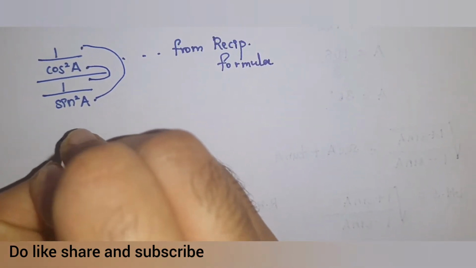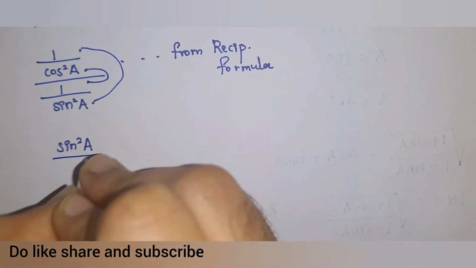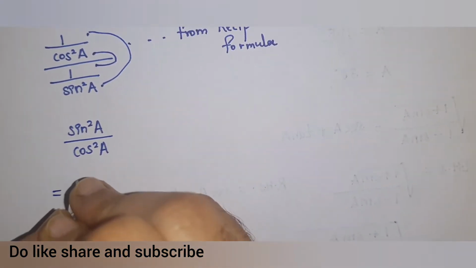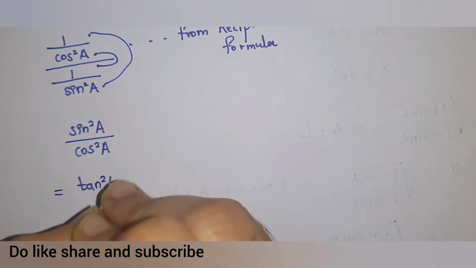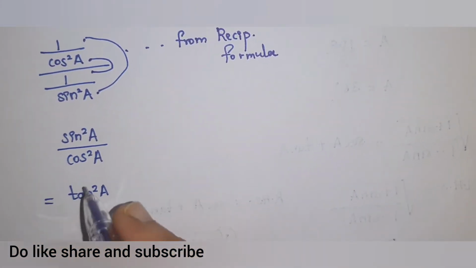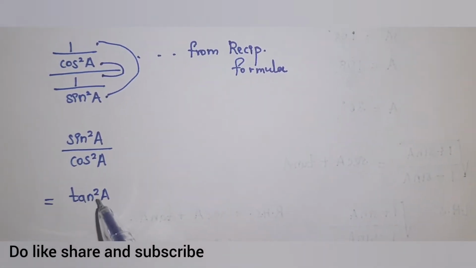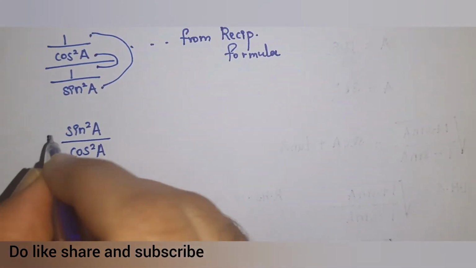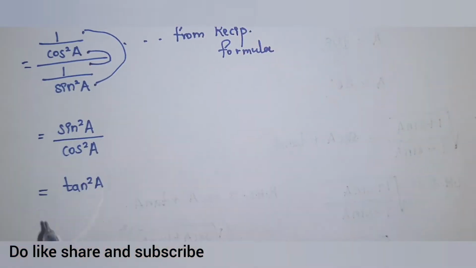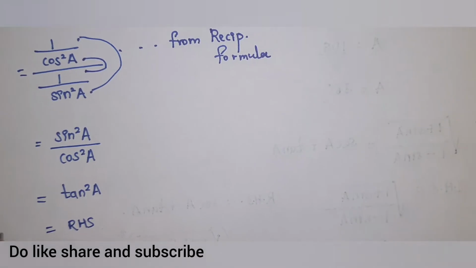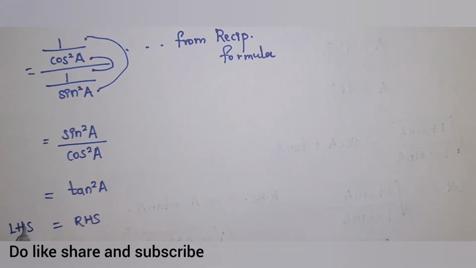So we'll get sin²A divided by cos²A, and that is finally tan²A, as sin upon cos is tan A, so sin²A upon cos²A will be equal to tan²A. This is equal to RHS. So LHS is equal to RHS.